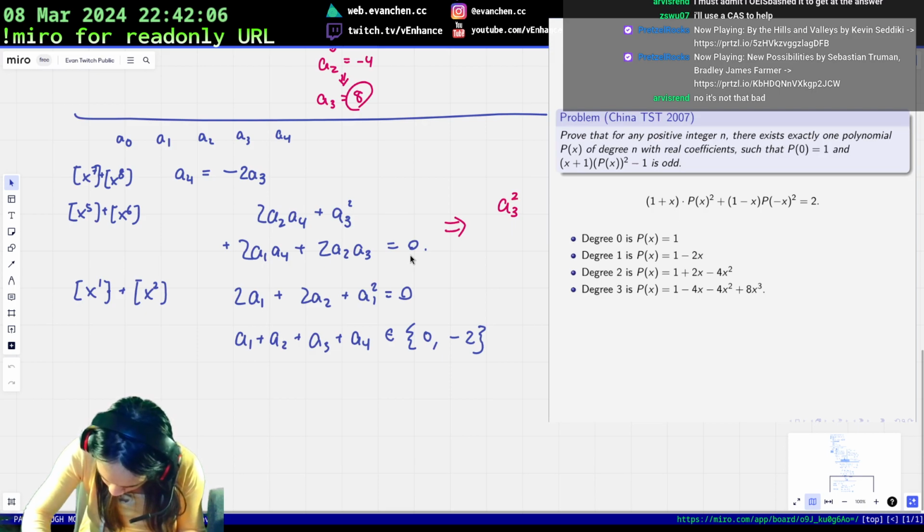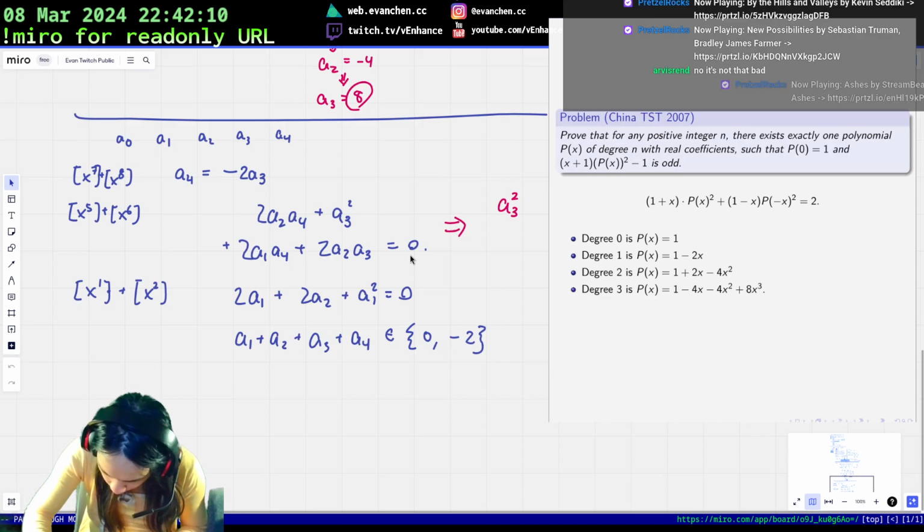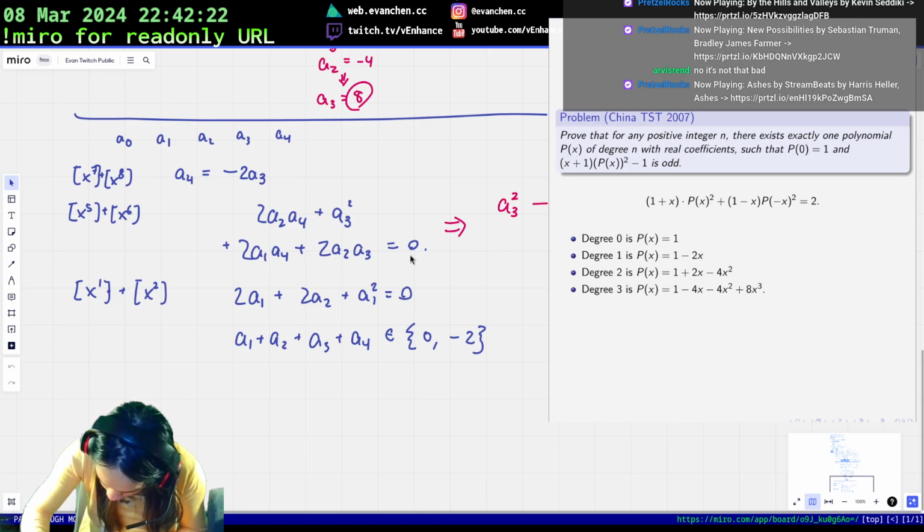So this is going to be a system in A3 and A1 because those are the variables I can isolate. So A2 is equal to, okay, so that's A1 minus 4A1 A3.